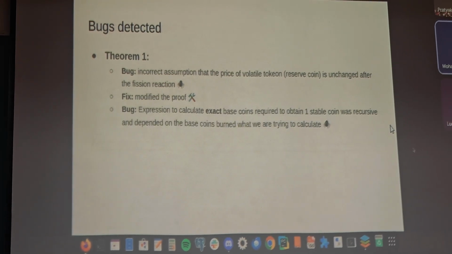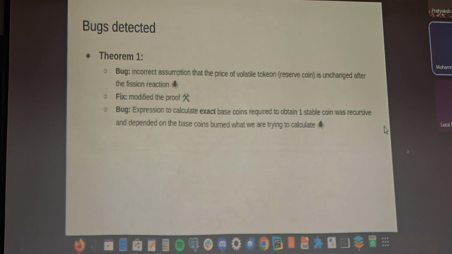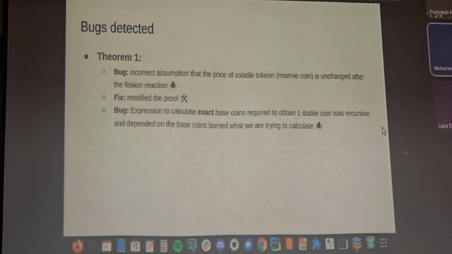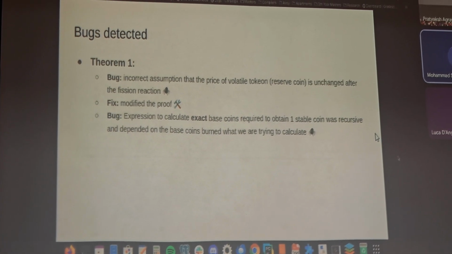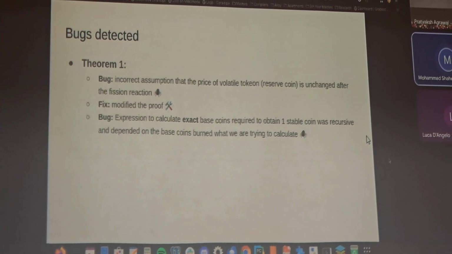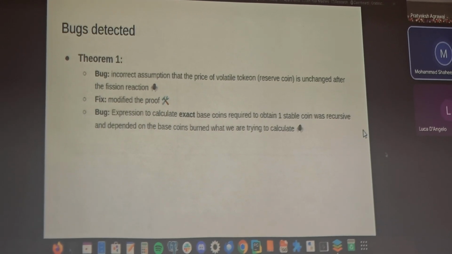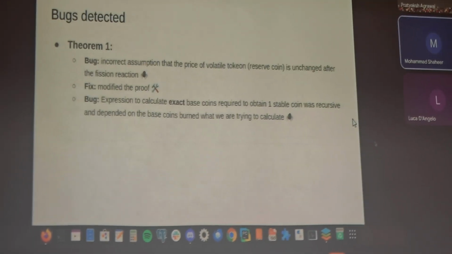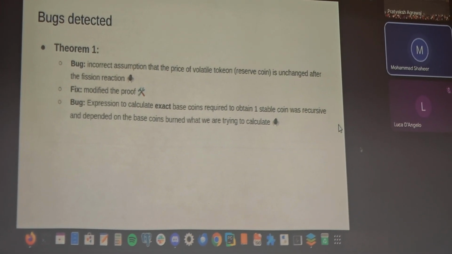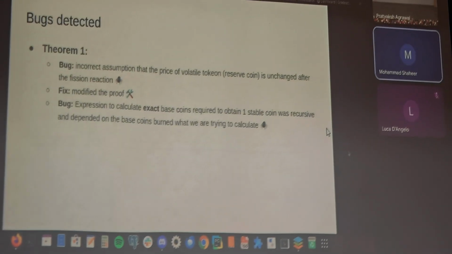There was another bug, which was when we were calculating, in Theorem 1 for this protocol, we were basically trying to come up with an expression for how many base coins we need to get one stable coin.